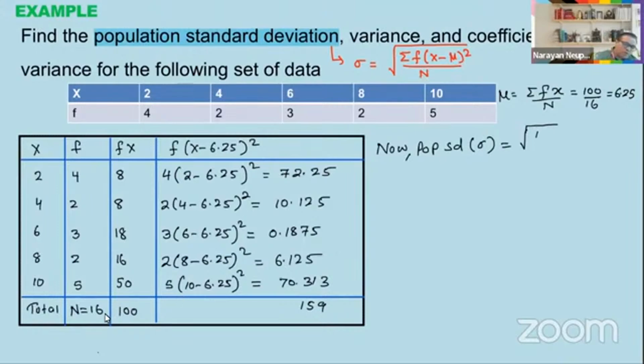So it is 159 over 16. You can type that in your calculator to see what you will get. I got 3.1524. That is the population standard deviation for the data given here. Let me know if you have any questions so far.